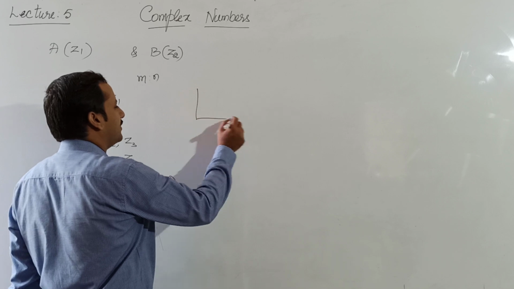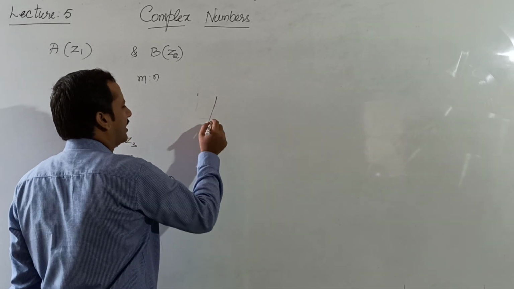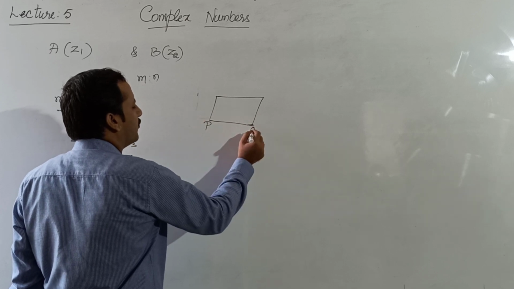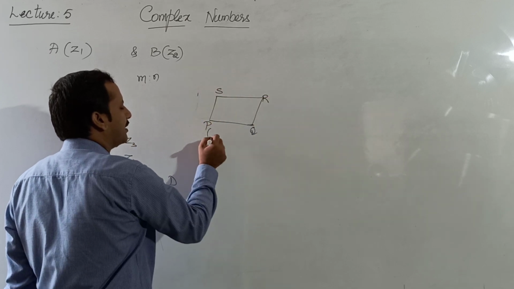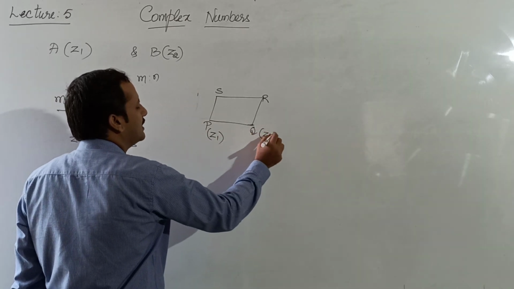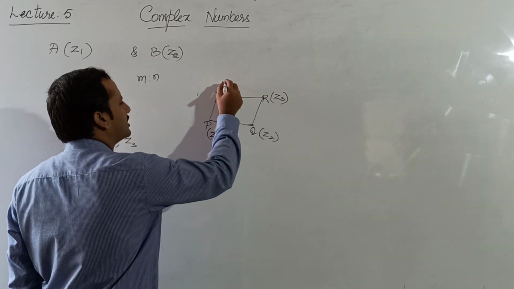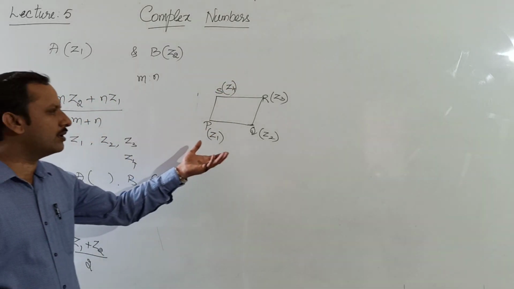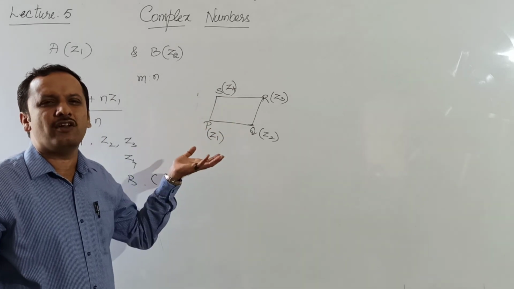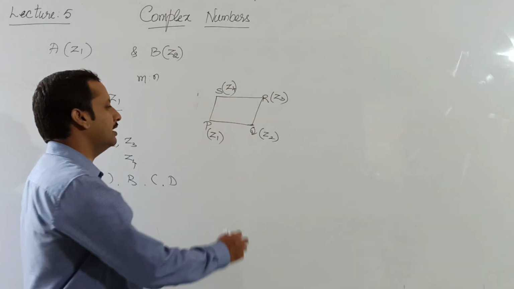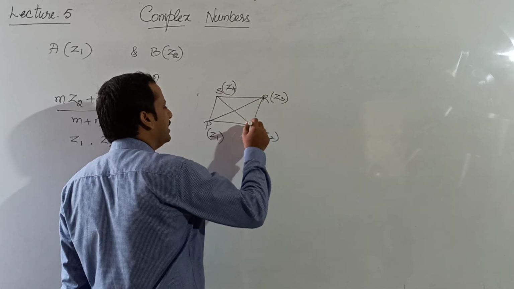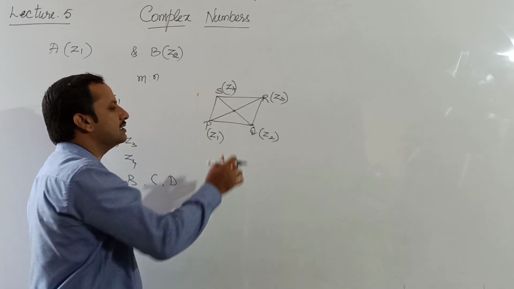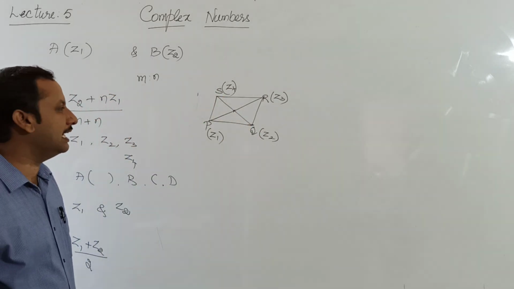Now suppose you have a parallelogram, where these 4 vertices P, Q, R, S represent the complex numbers z1, z2, z3 and z4. Then the condition for them to represent a parallelogram: in a parallelogram, the diagonals bisect each other. That means the midpoint of the diagonal PR is the same as the midpoint of the diagonal SQ.